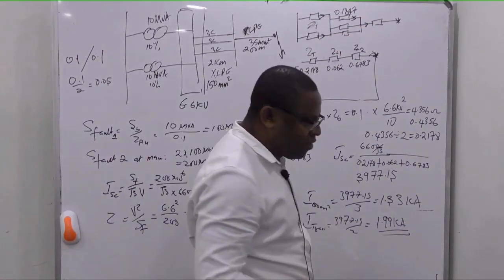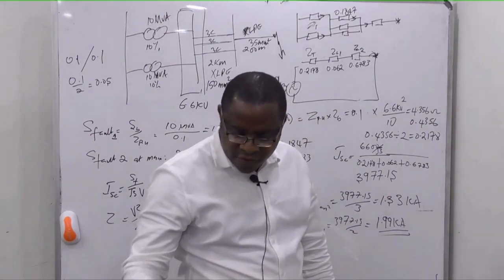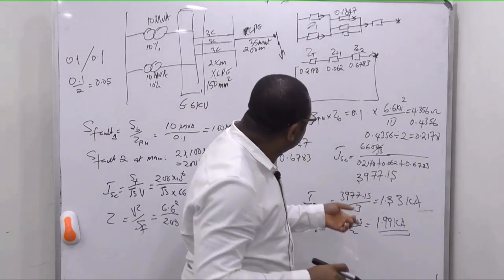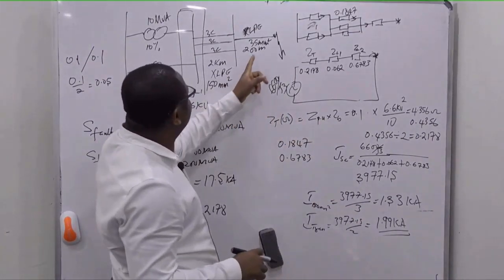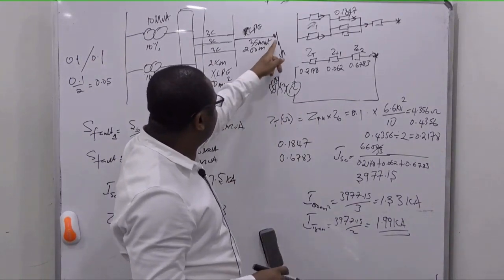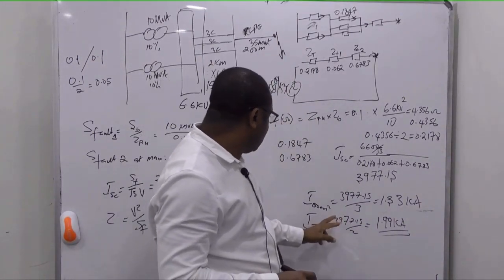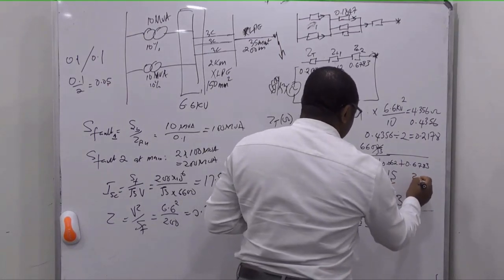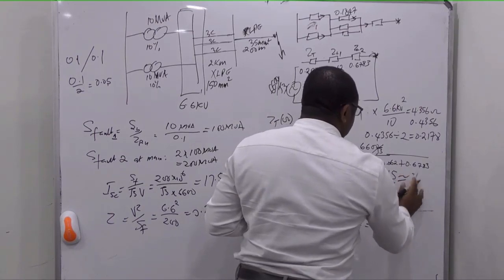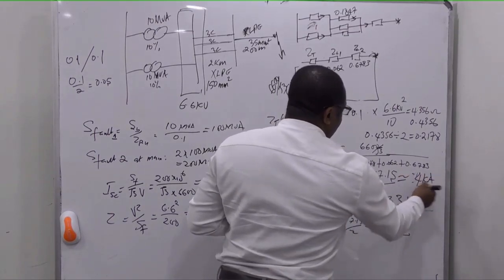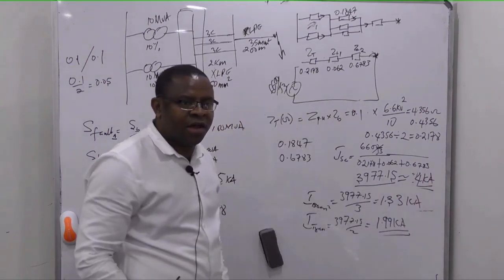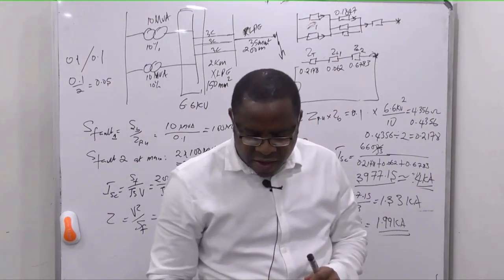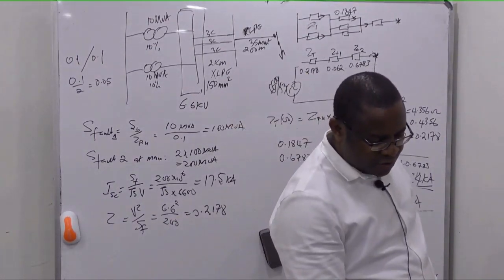So now the question is for us to know whether the cable will be damaged. This is a 35 mils cable, and this is the amount of fault current that will flow through there. For the 35 it is approximately 4 kA. Let's see whether the cable will be damaged or not. What do you do? You go to that table.